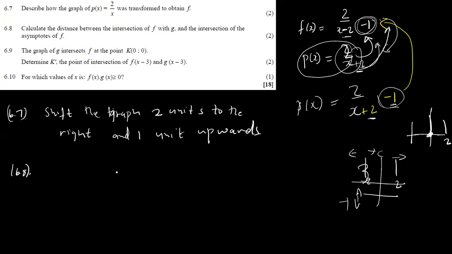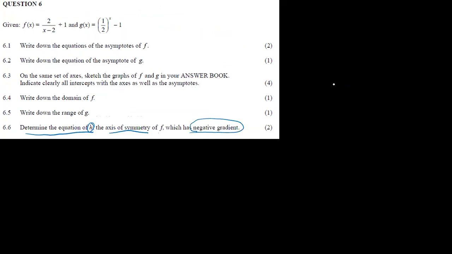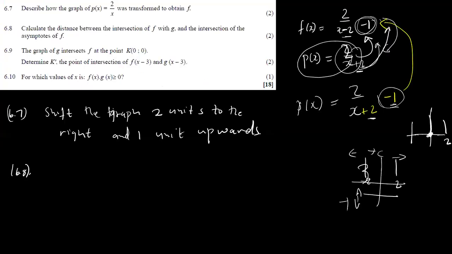And then we move to 6.8. 6.8 says to us, calculate the distance between the intersection of F with G and the intersection of the asymptotes of F. This is the intersection of F and G, you see it, the origin. And therefore, from where to where?